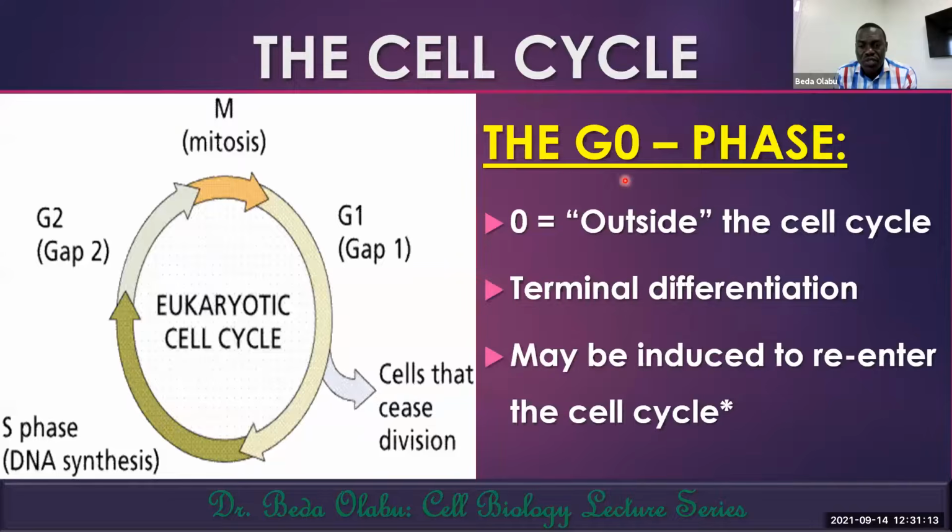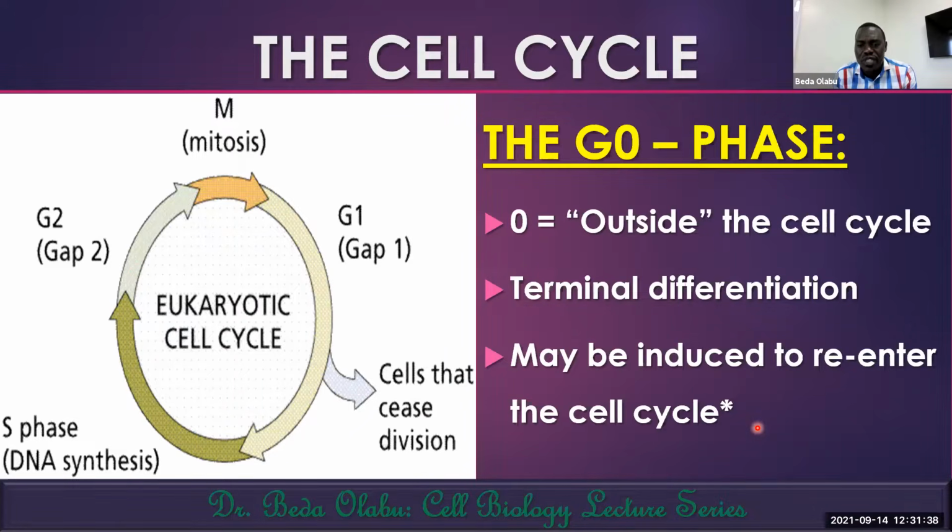But that induction is in most cases an abnormal induction, like in the case of cancer cells, in most cases. In a normal scenario, they will have lost the capacity for cell division, and so they rest. We call it the quiescent stage.